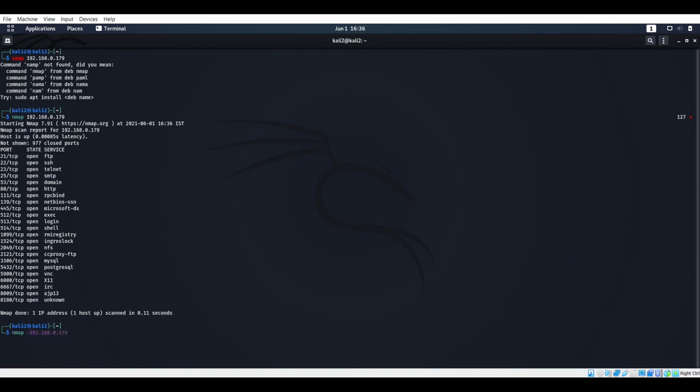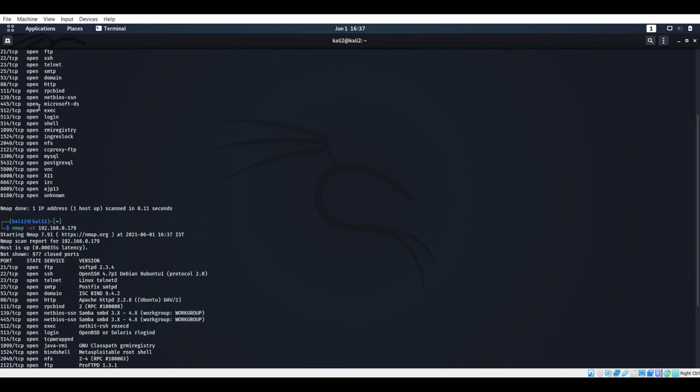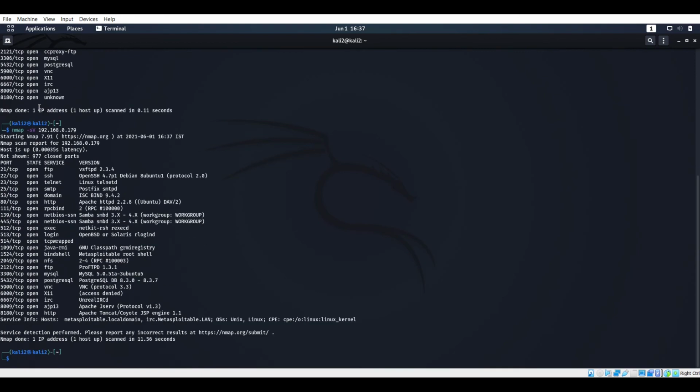Another thing that you can do is find the version of the services on the ports that are present. As you can see, similar to the table that we had above, we have received another table along with the version. So the FTP version is vsftpd 2.3.4. You will be able to see the time taken, which is 11.56 seconds, so it's pretty quick.